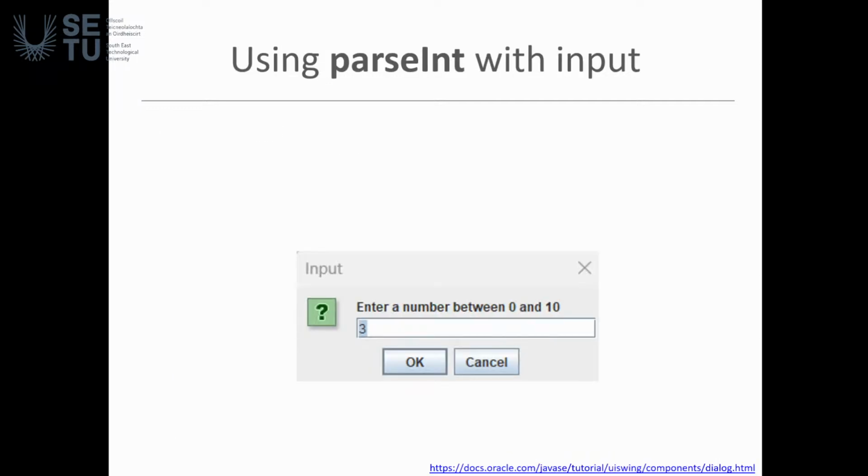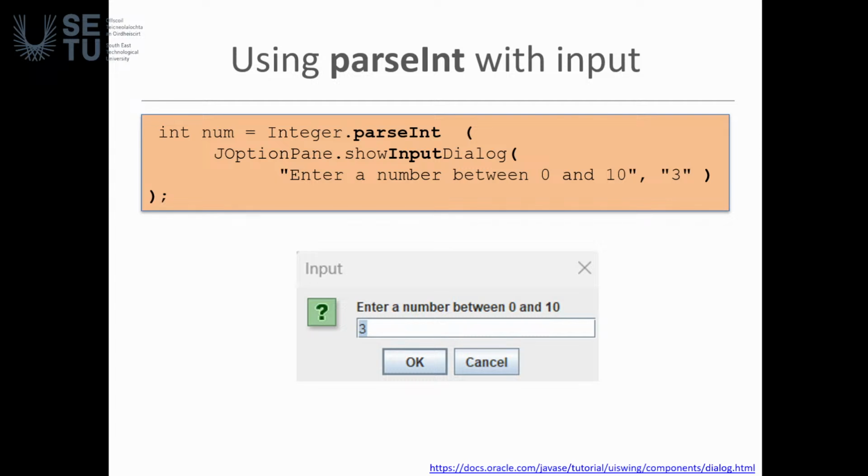So, using parseInt with input. Look what's happening here. We're calling our JOptionPane, we're calling the showInputDialog, and we're asking it to enter a number. That's our message.